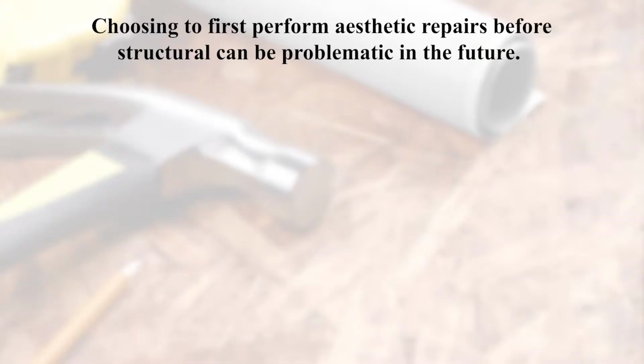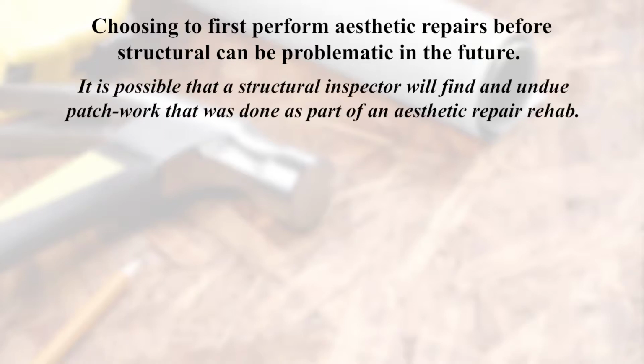Another thing to take into consideration when having to decide between taking on structural repairs or an aesthetic rehab is how prioritizing one over the other will affect you down the road. Prioritizing one over the other can present problems in the future. Choosing to first perform aesthetic repairs before structural repairs can be problematic in the future because it is possible that a structural inspector will find and undo patchwork that was done as part of an aesthetic repair rehab.